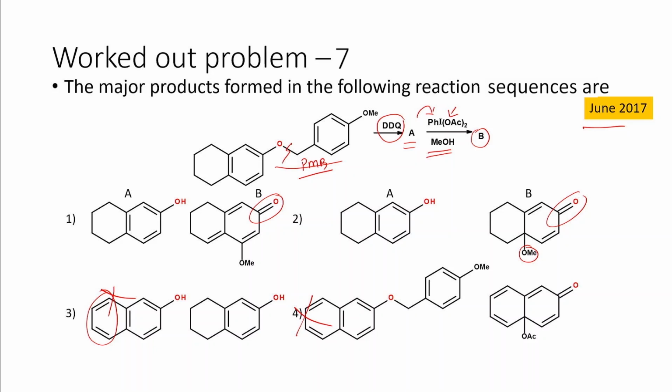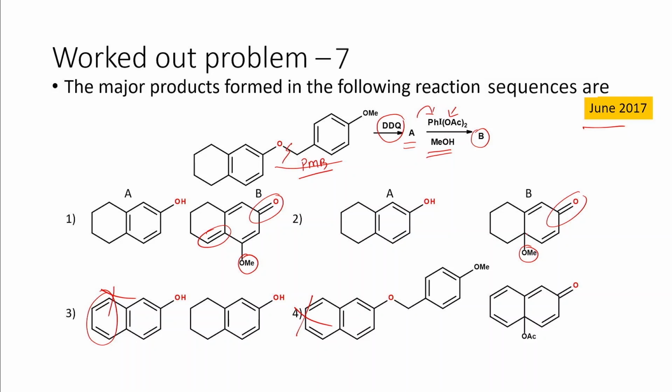We now have only two possible products, either 1 or 2. In one, the methoxy unit is present in the cyclic system, and in the other, the methoxy is present at the ring junction. In one of the options the double bond is in the second system, and in the other option the double bond is not present in the second system.